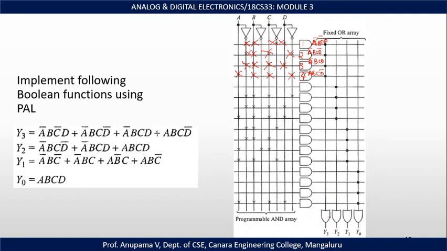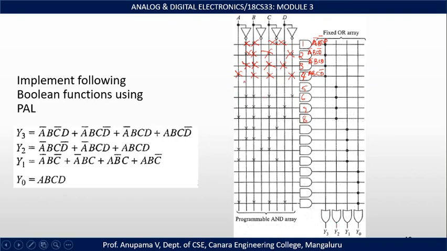So Y3 is implemented. Now the next equation is Y2. We are going to use the OR gate Y2. For the OR gate Y2, the inputs are AND gates 5, 6, 7, 8. Now in Y2 there are only 3 terms, so I will not use AND gate 5 but will use AND gates 6, 7 and 8 as the inputs for OR gate Y2.